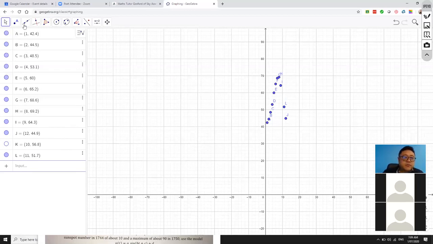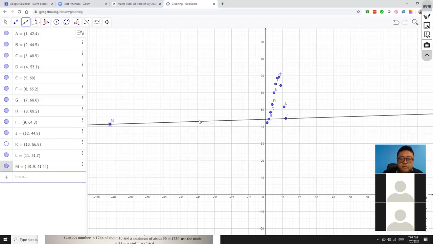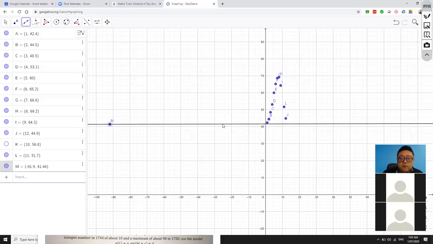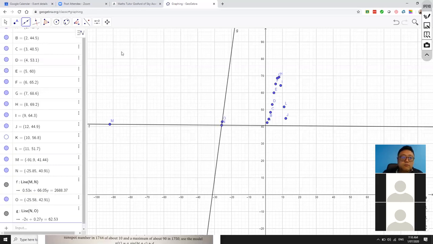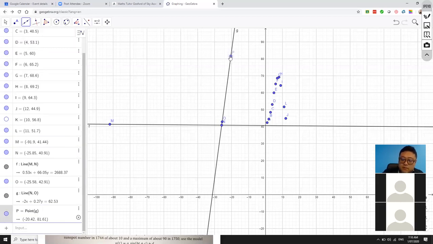Now here's what I'm going to do. I'm going to put a couple of lines in. Can you see that if I put some lines in, that seems to be the bottom of the curve?